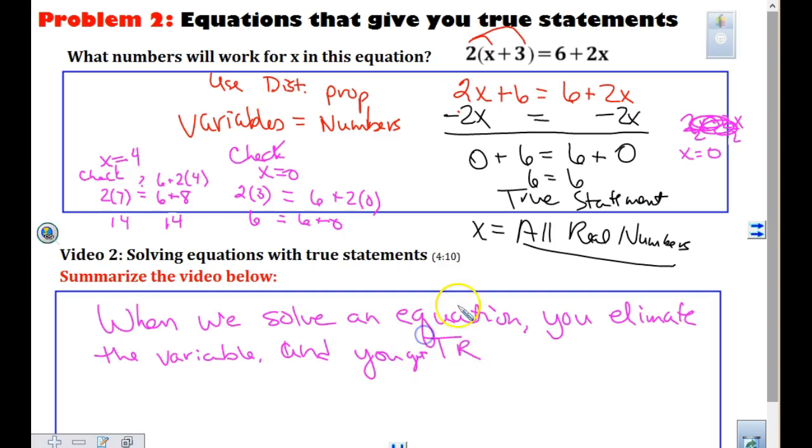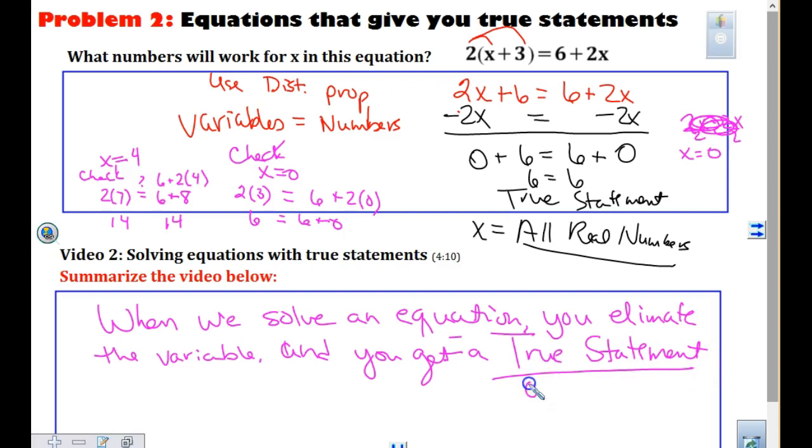You get a true statement anytime it's true: 0 equals 0, 4 equals 4, -2 equals -2.